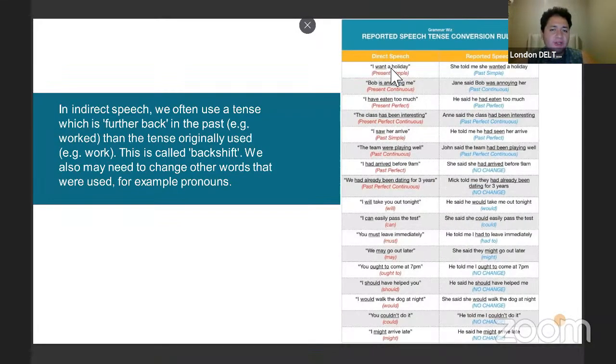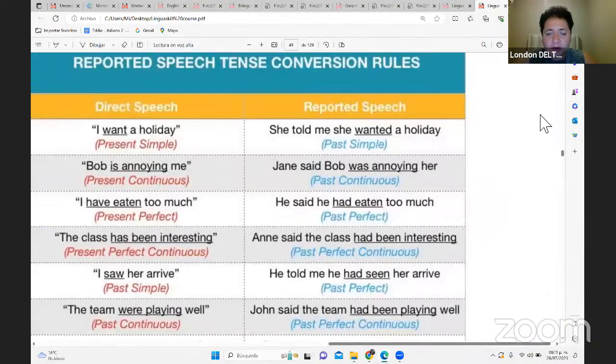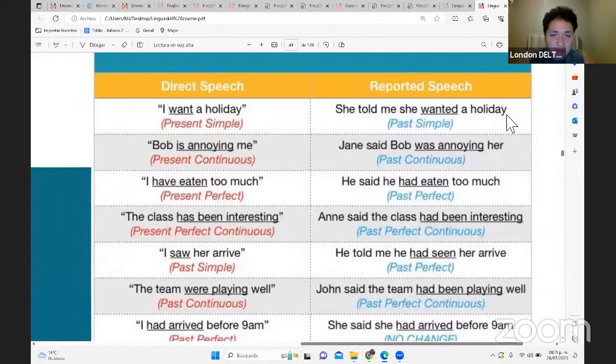The definition, I'm going to read it: we often use a tense which is farther back in the past than the tense originally used. This is called backshift. And here you have a chart, with the direct speech and the reported speech.